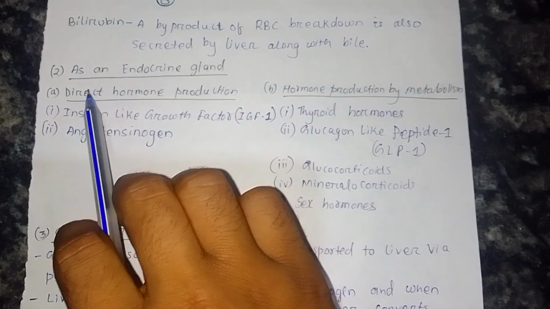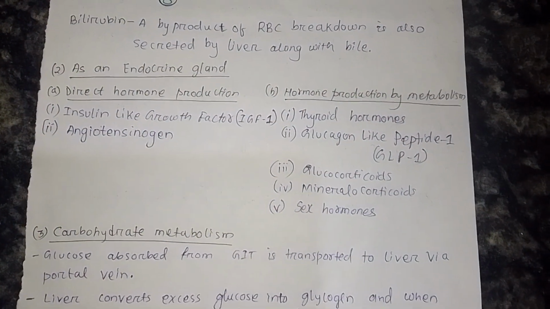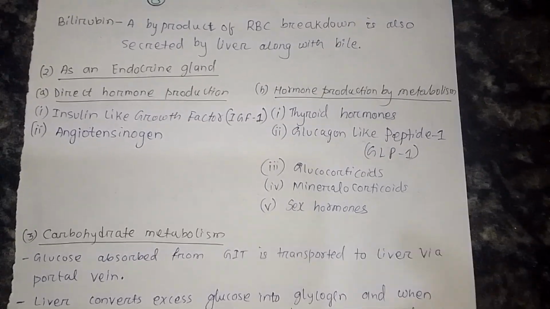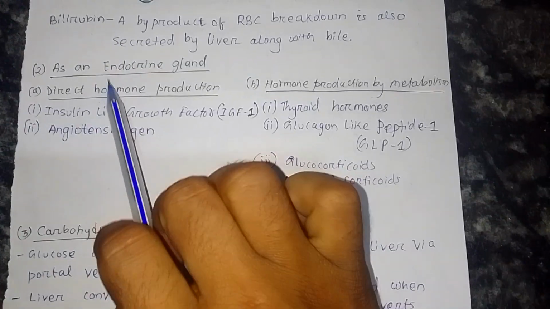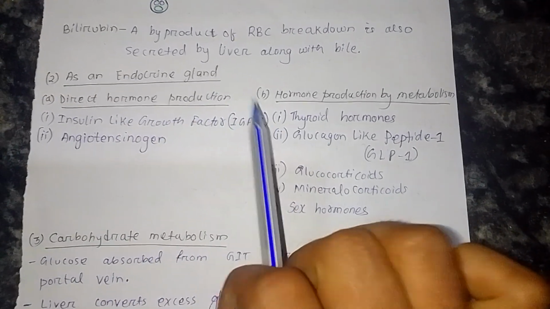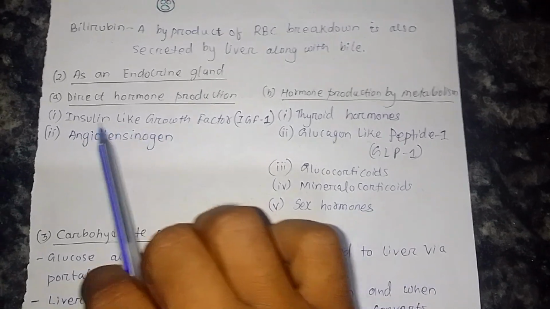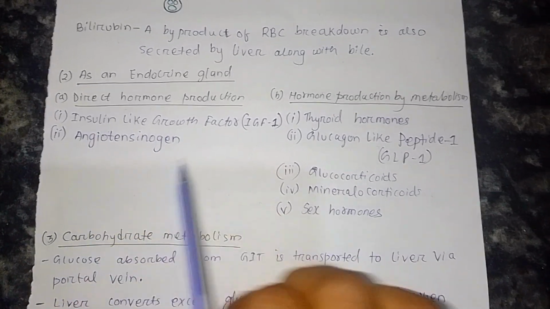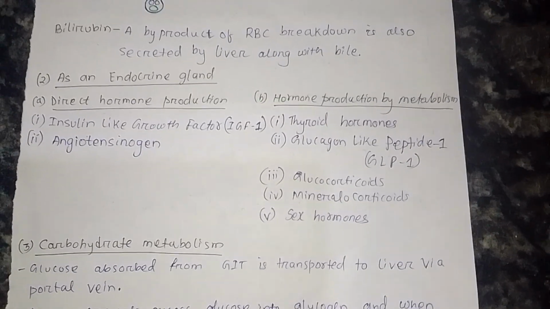So when we say direct hormone production, there are some hormones or hormone-like chemicals in the body that are secreted from the liver. Among them, one is insulin-like growth factor or IGF-1, and another is angiotensinogen. We learn about this in the RAS mechanism, I mean the renin angiotensin aldosterone system mechanism.